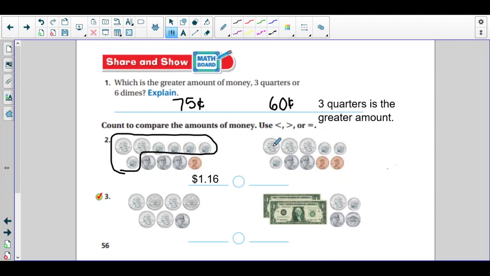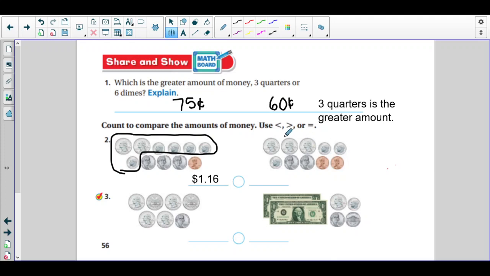Okay. This one's going to be a little bit different here. So we'll count this and go 25, 50, 75, 85, 95, 105. Oh, wait a minute. Now, hold on. Let's try this again. 25, 50, 75, 85, 95.